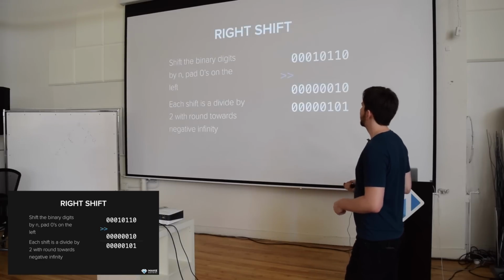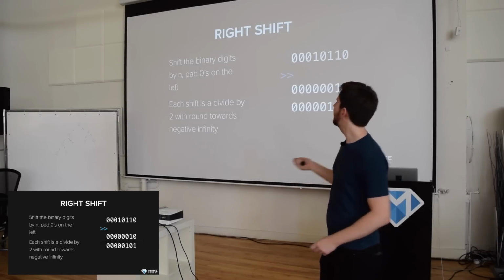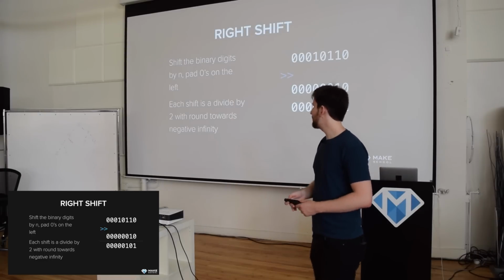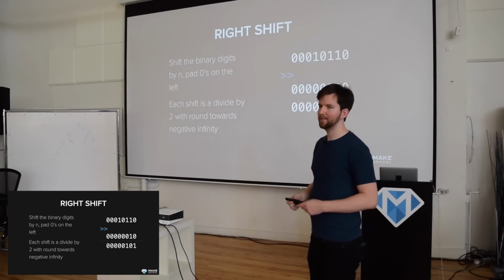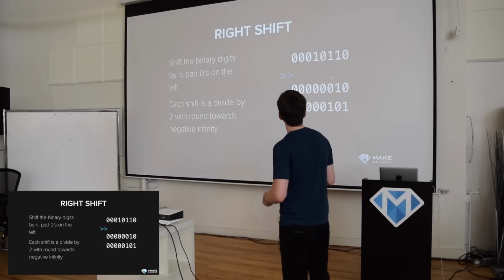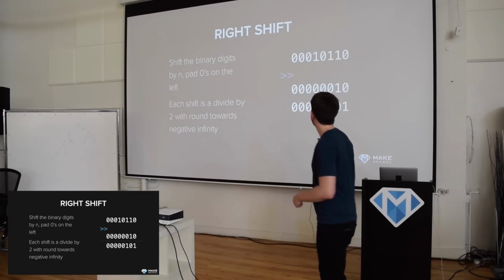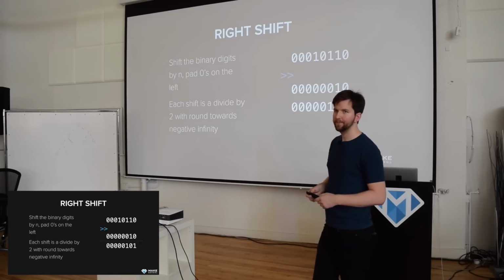Okay, so now let's talk about right shift. It's the same thing, except we're moving things right, and we're padding the zeros on the left side. So it's the same as a divide by 2 with a round towards negative infinity. What does that mean? Well, let's look at this. We have the same 22, and we're going to shift it right twice.